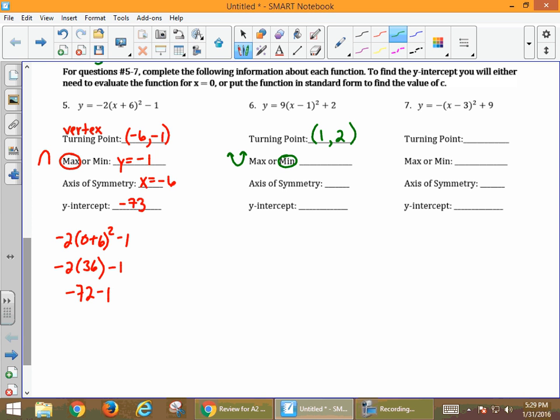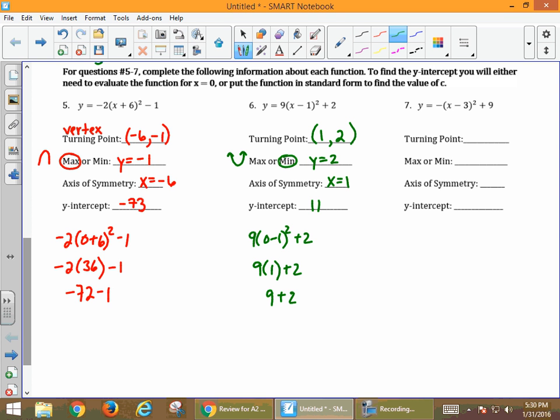My vertex will be the bottom of the graph, and it will be found at y equals 2. The axis of symmetry is always x equals the x value of the vertex, so x equals 1. And the y-intercept, 9 times 0 minus 1 squared plus 2 is 9 times 1 plus 2. 9 plus 2 is 11.